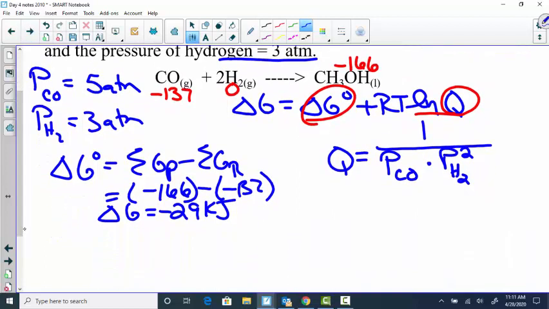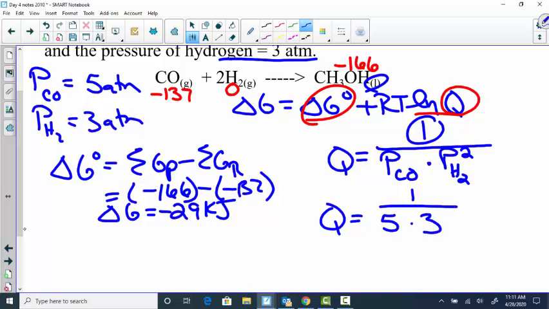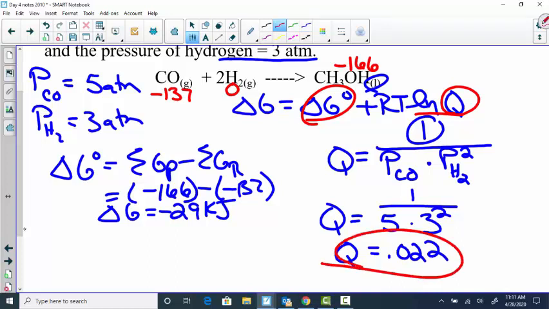And it's a 1 here because that's a liquid. So, putting in these values, we would have 1 over 5 times 3 squared. So that Q, doing that math, comes out to be 0.022.